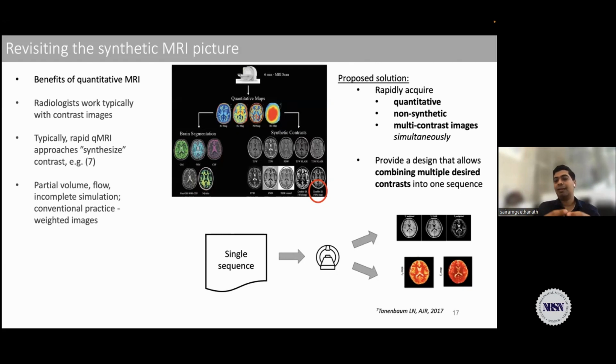So the combining of these two into one sequence was the goal.